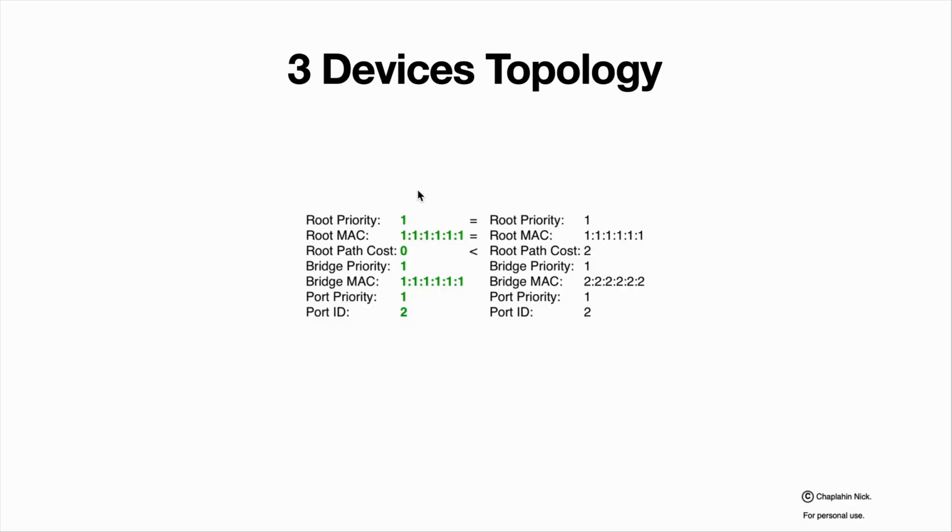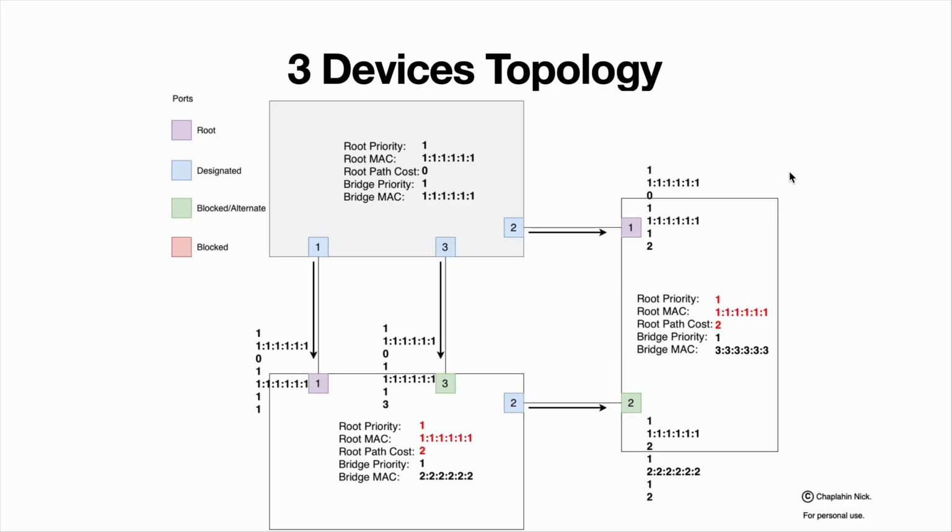We have the best priority vector of those 2. This best priority vector on port 1 becomes root, and the other candidate becomes blocked, alternate in our case. So pretty simple, pretty straightforward. You first find the root, build all the topology, find which ports on which devices remain designated, and then select which non-designated ports become root and blocked.